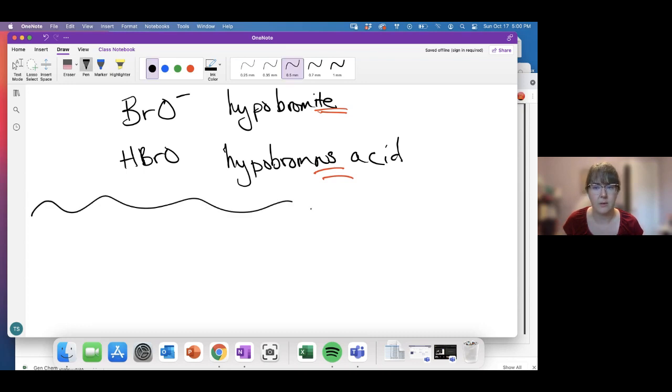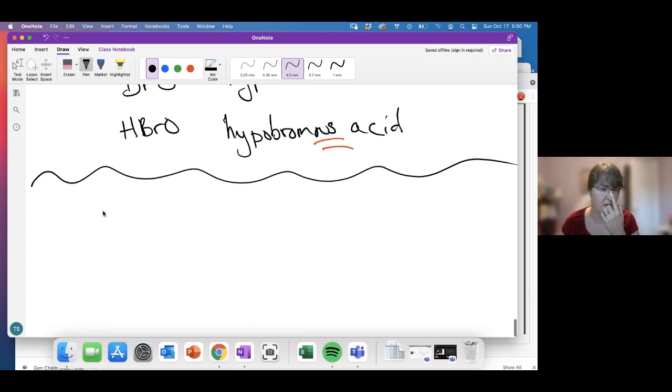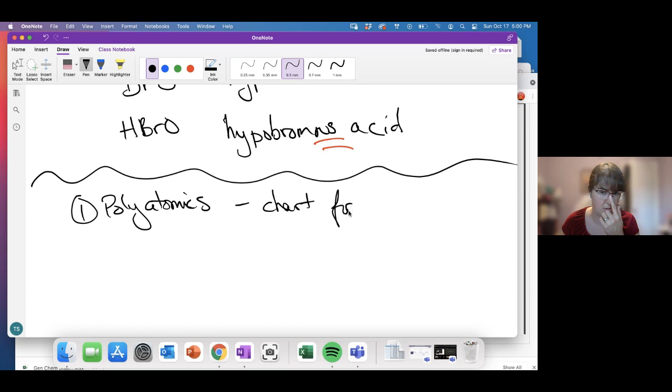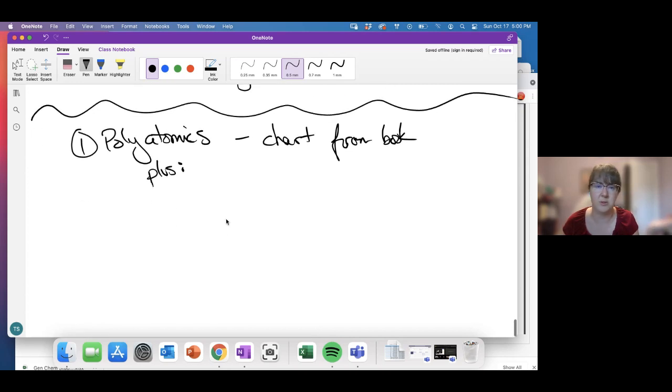As far as ions you should know, there's a couple things to do. There's polyatomics, and it's the chart from your book, plus some others. Honestly, it depends on the year, but I'm going to go ahead and add these in. If Dr. Diekman on Wednesday then says you don't need them, that's totally fine. But I'm just going to cover my bases.